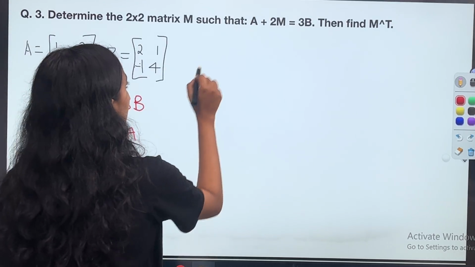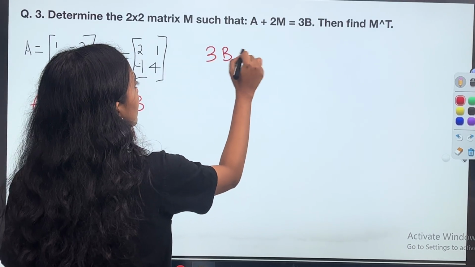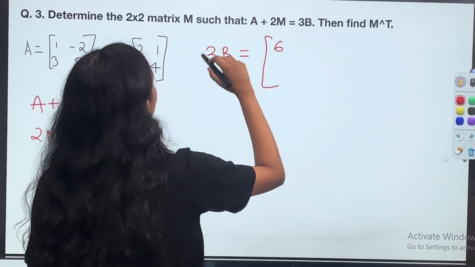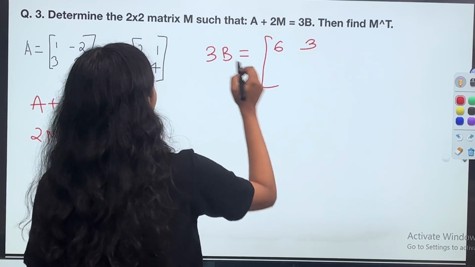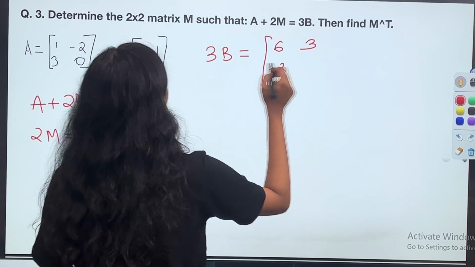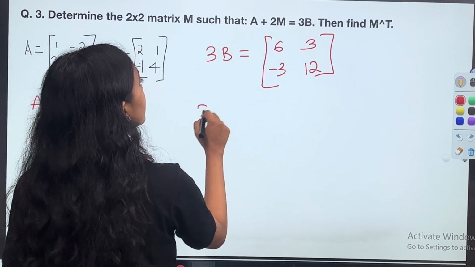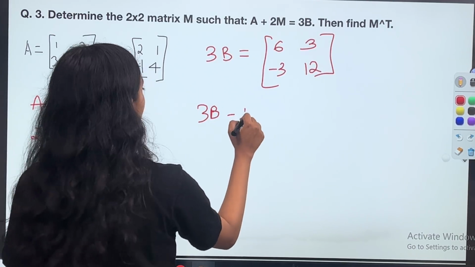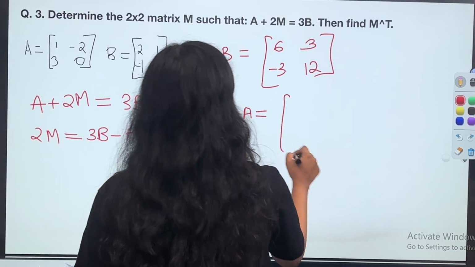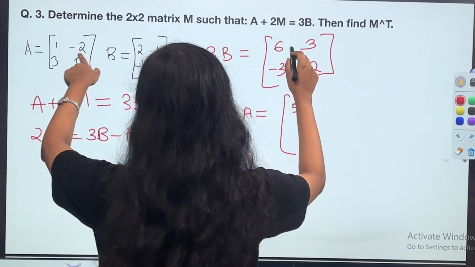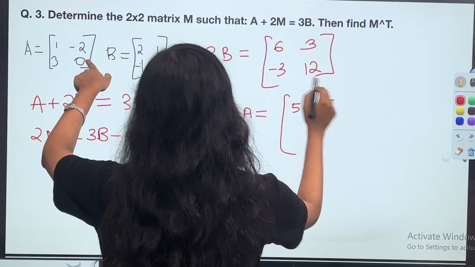So 3B will be what? 3 into 2, 6. 3 into 1, 3. 3 into minus 1, minus 3. 3 into 4, 12. So 3B minus A will be 6 minus 1, 5. 3 minus of minus 2, 5.